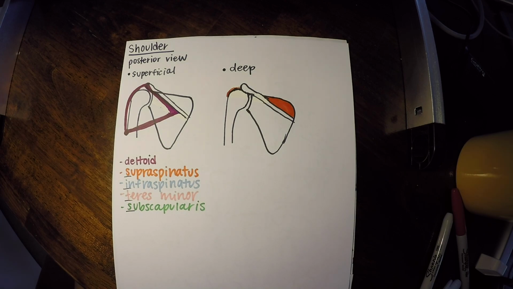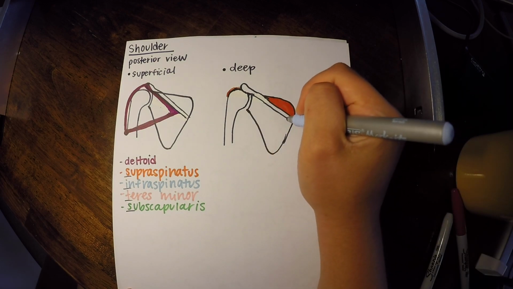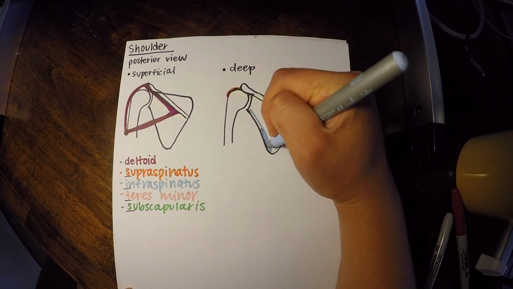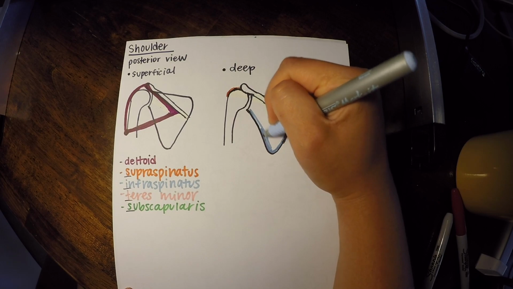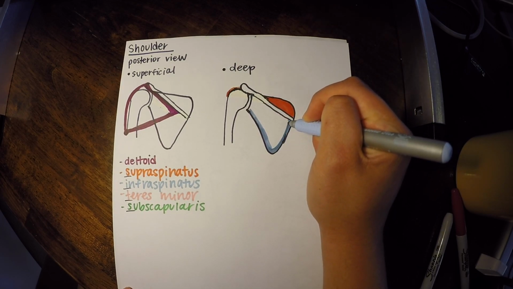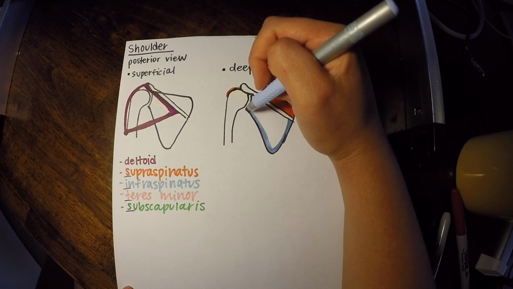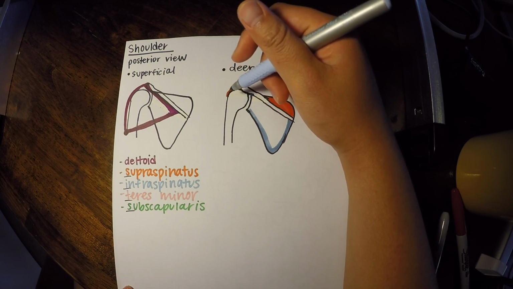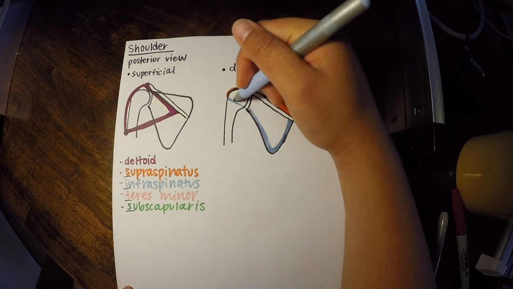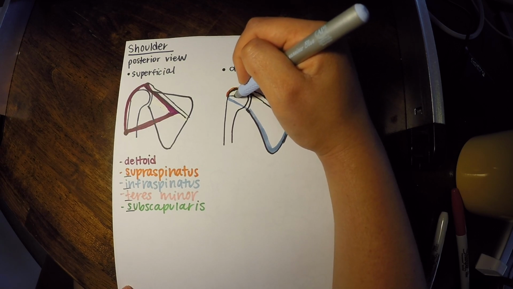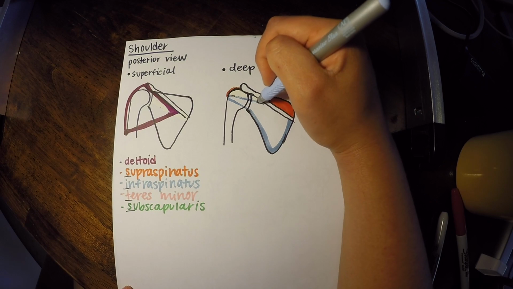Next we have infraspinatus, which is on our infraspinous fossa that we learned before. So it's right here, and it kind of covers this whole thing. So then this is going to come out, and remember we're looking at the posterior view here, so we're going to follow it out as it comes around and attaches here on our humerus.